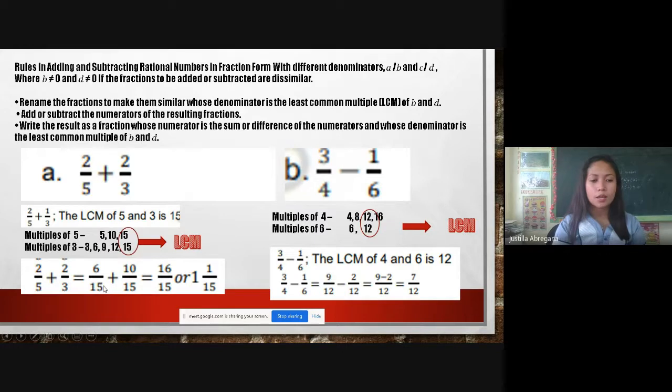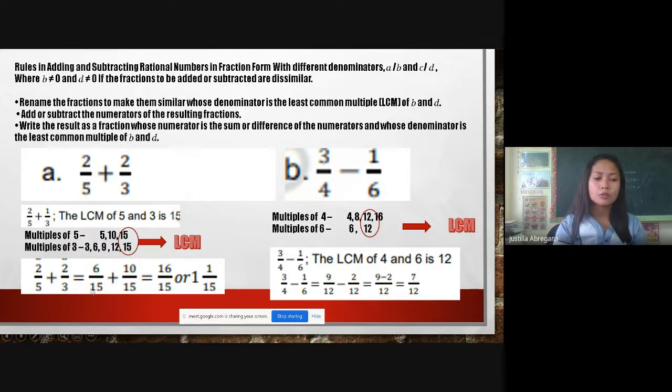Then the process is 15 divided by 5 is equal to 3 times 2 is equal to 6. So this 6 over 15 is the equivalent fraction of 2 over 5. And next, 15 divided by 3 equals 5 times 1 is equal to 5.